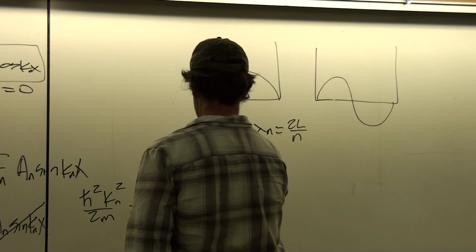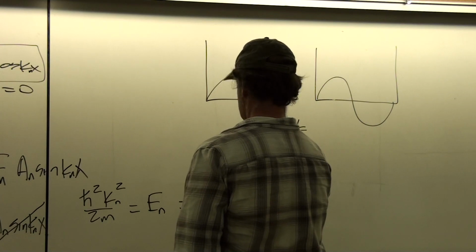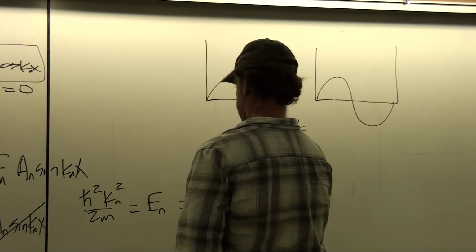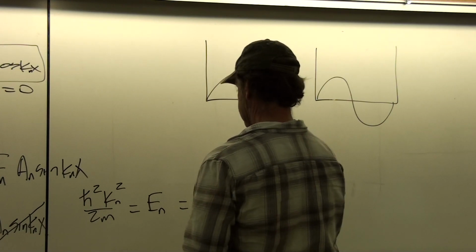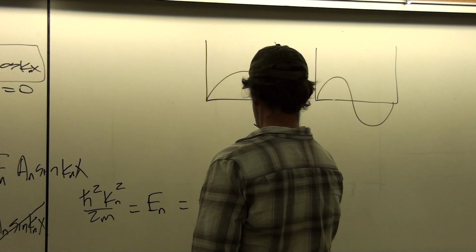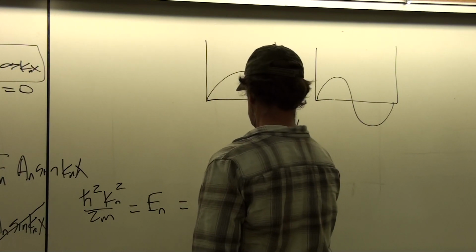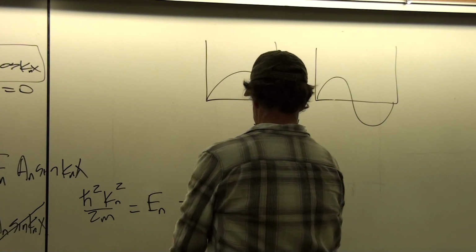It was h bar squared times, k is 2 pi over lambda, sorry. So that's 2 pi over 2L over n, squared, over 2m.